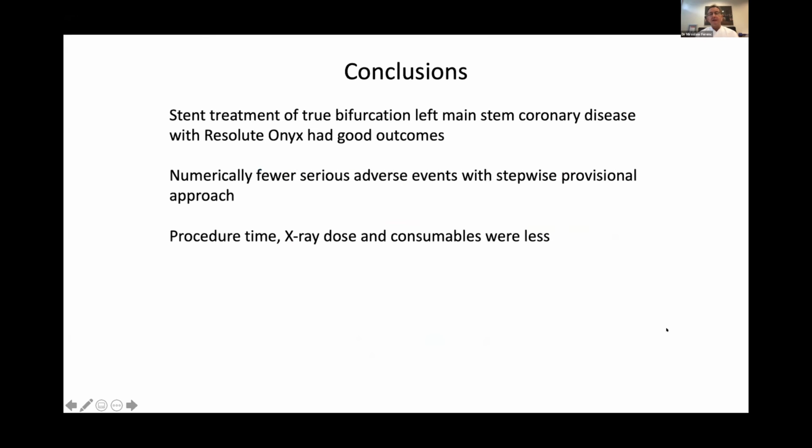So in conclusion, this study demonstrated that if you implant an Onyx stent in the distal left main, you can achieve good results at least for 1 year. We had numerically fewer serious adverse events with the provisional approach. On the other hand, procedure time, X-ray dose, and consumables were higher in double stenting.